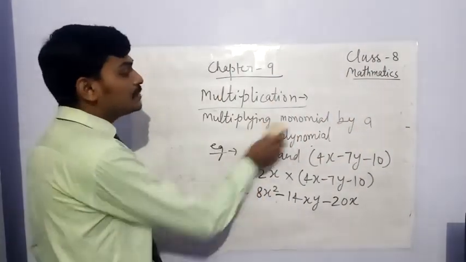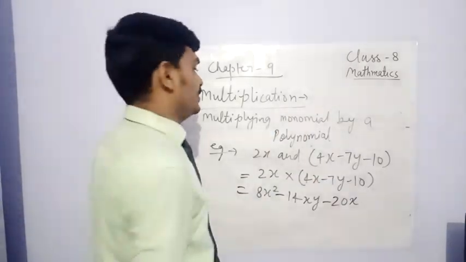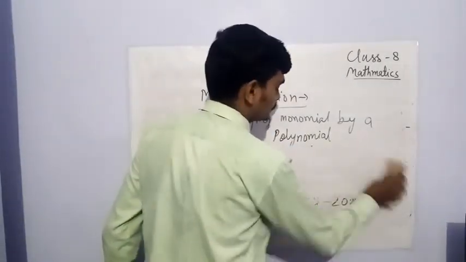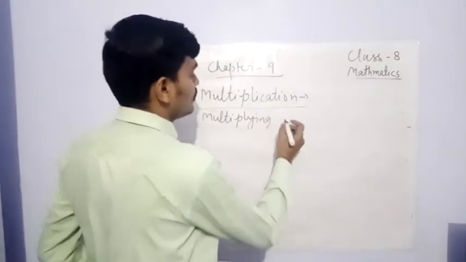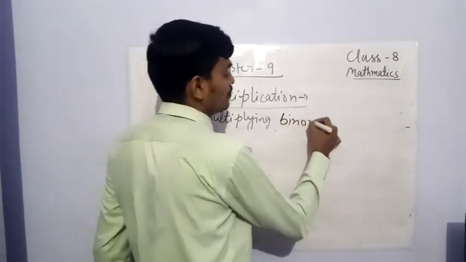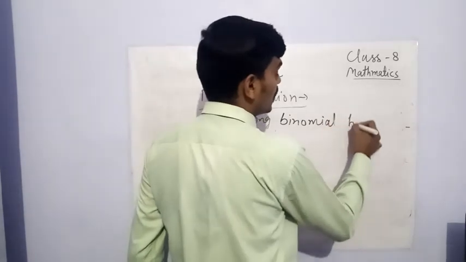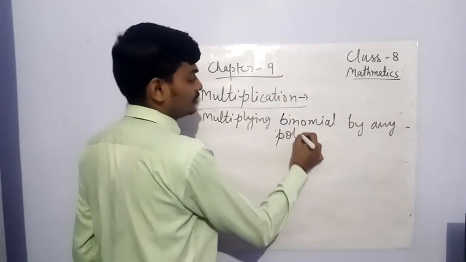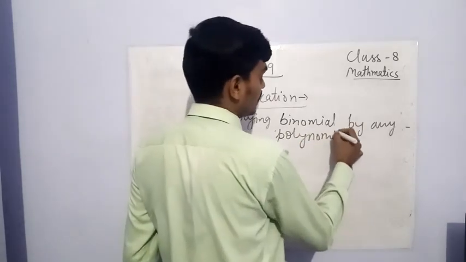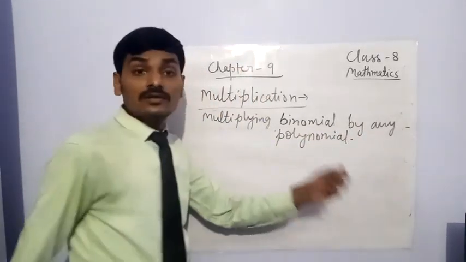Now multiplying a binomial by any polynomial. Next one is multiplying a binomial by any polynomial. Then what is the rule?